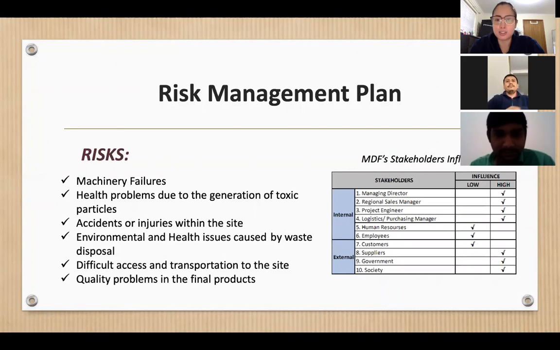Okay, the managing director assigned us to do the risk management plan, where we identified the major risks, which are the following: machinery failures, health problems due to the generation of toxic particles, accidents or injuries within the site, environmental and health issues caused by waste disposal, difficult access and transportation to the site, and quality problems in the final products.